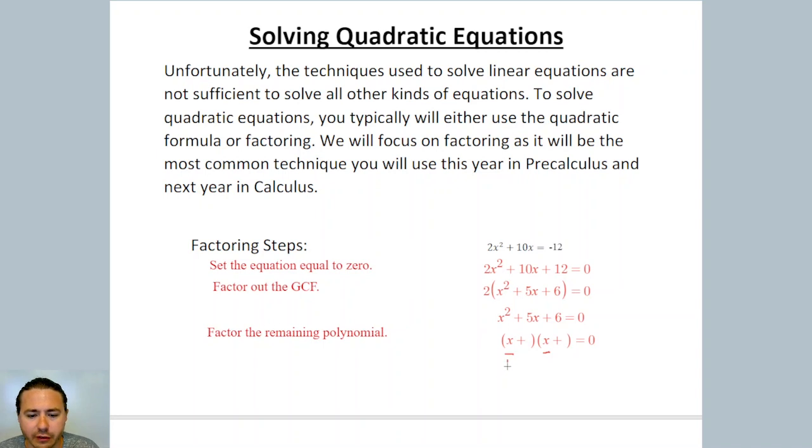This is the first. You might have heard of FOIL before, right? First, outside, inside, last. This is the F in FOIL. So x times x has got to be x squared. And then to figure out what these other two numbers are, I'm assuming plus because both of these are positive, but these could be minus if one of these numbers is negative.